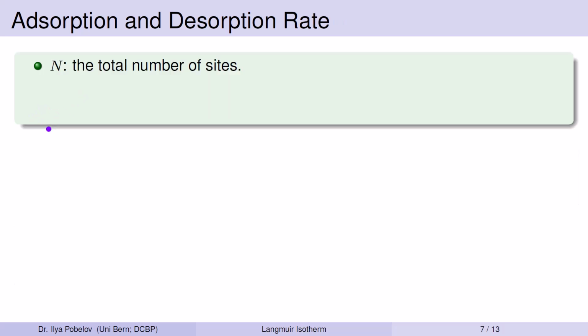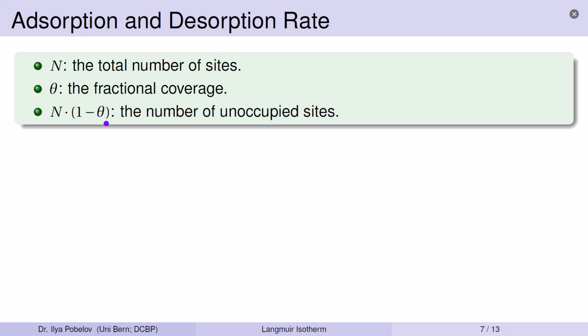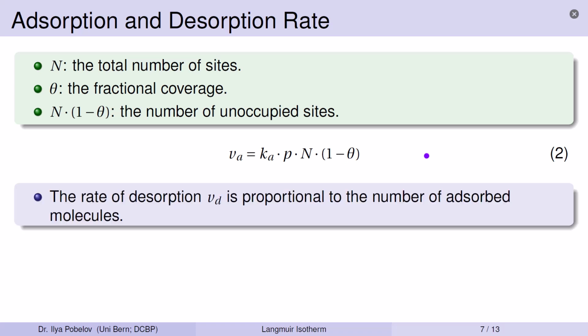If the total number of sites is n and the fractional coverage is theta, then the number of unoccupied sites is n times (1 minus theta). Consequently, the rate of adsorption v_a can be expressed as k_a times P times n times (1 minus theta).